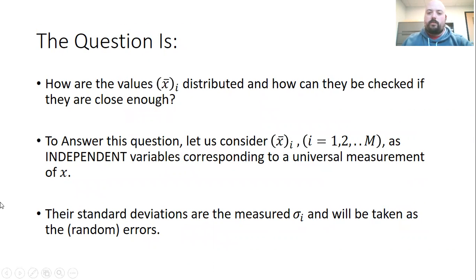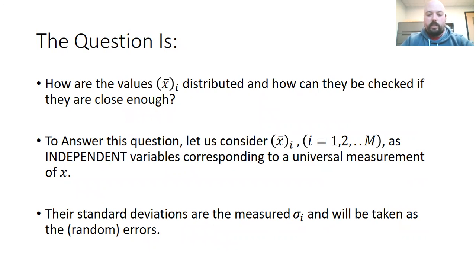All right. So how are the values of the mean from each group distributed, and how can they be checked if they are close enough to the actual value itself?